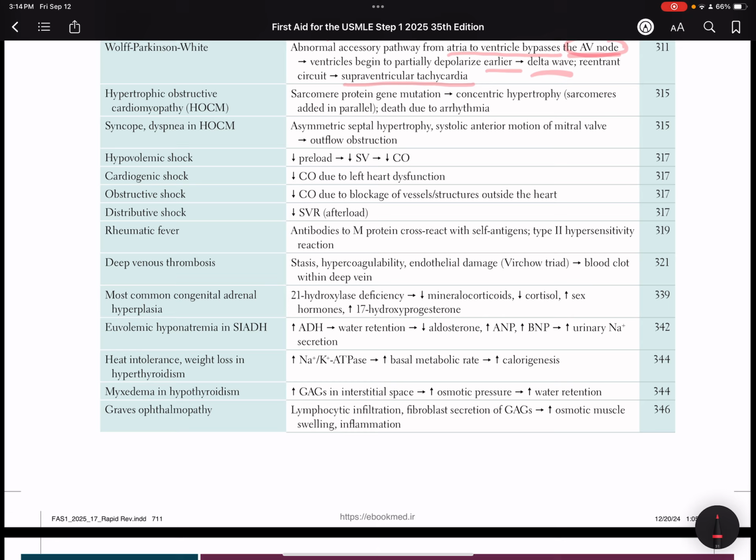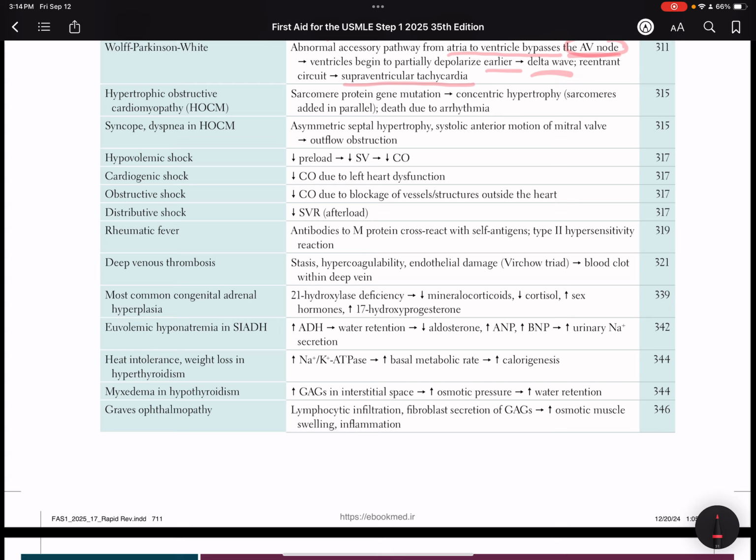What causes hypovolemic shock? Hypovolemic shock is decreased preload, which leads to decreased stroke volume, and this leads to decreased cardiac output. What causes cardiogenic shock?